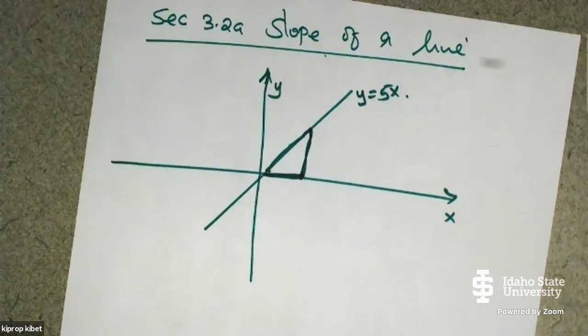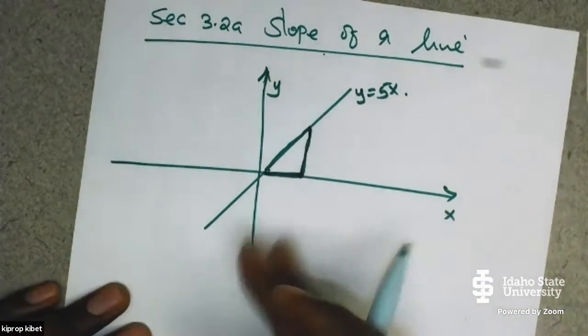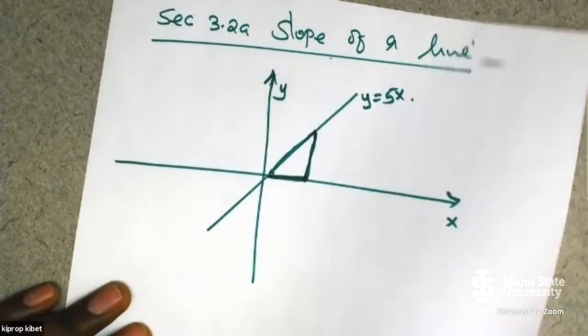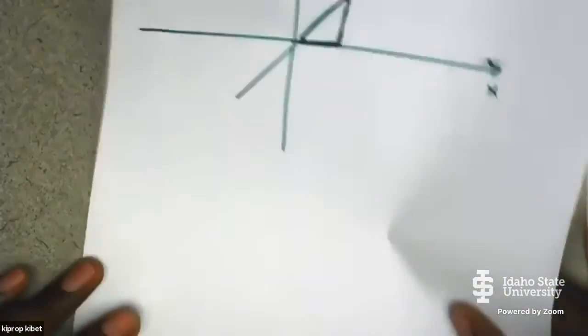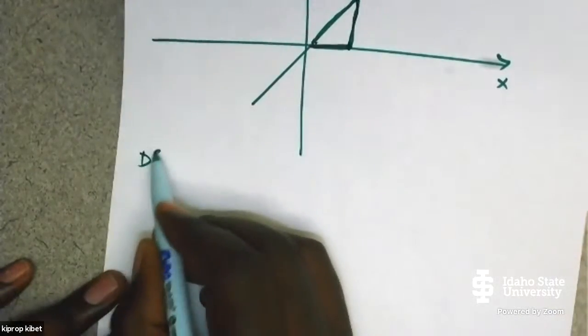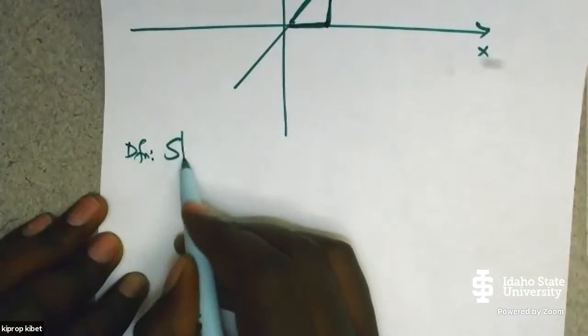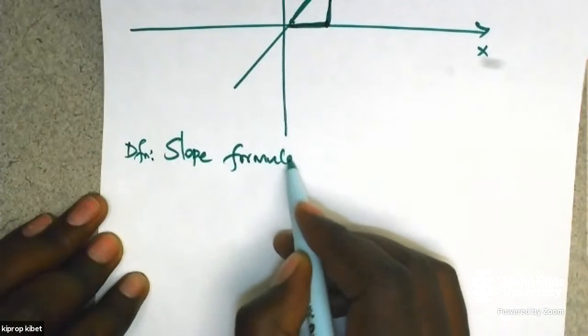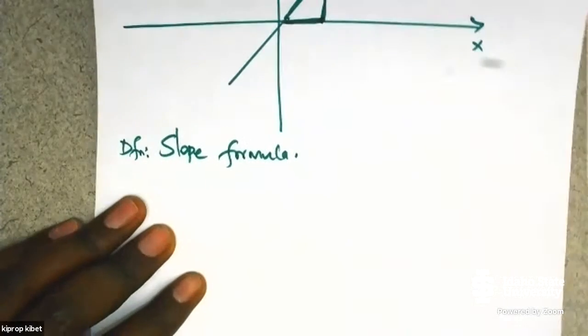So definition. Slope formula. So what is the slope formula?